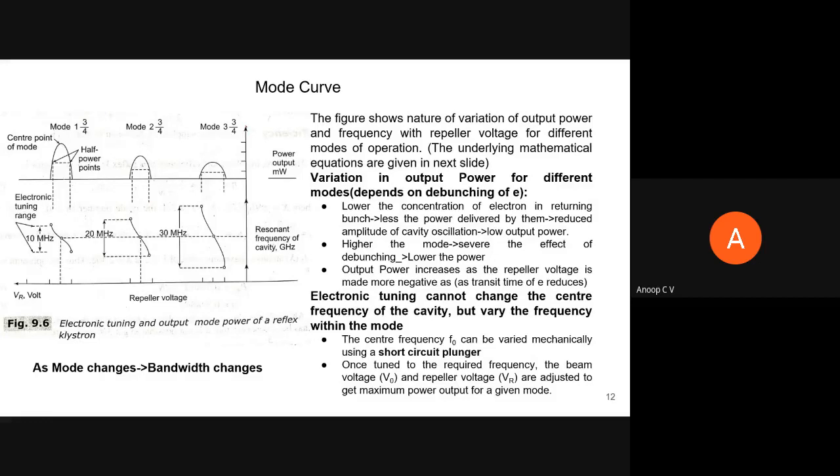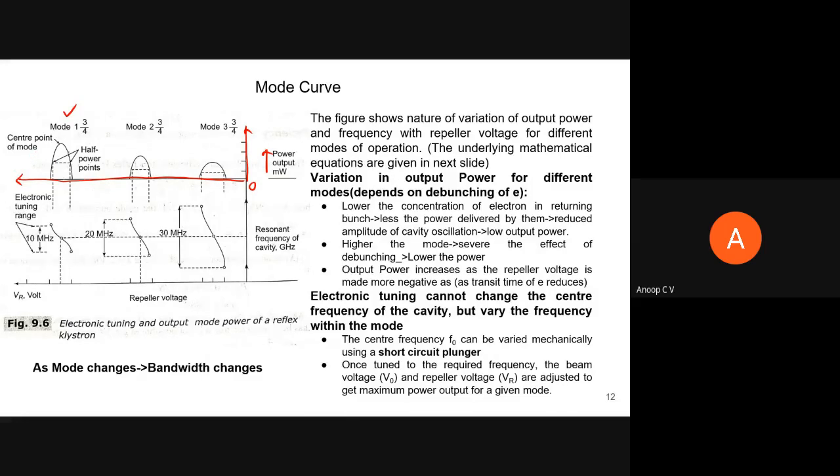In one case, this is the power output, and our repeller voltage is 0 here, and the repeller voltage is turning negative as I change like this. You can see when the repeller voltage is negative maximum, we'll get mode 1 3/4. Here mode 0 is not shown.